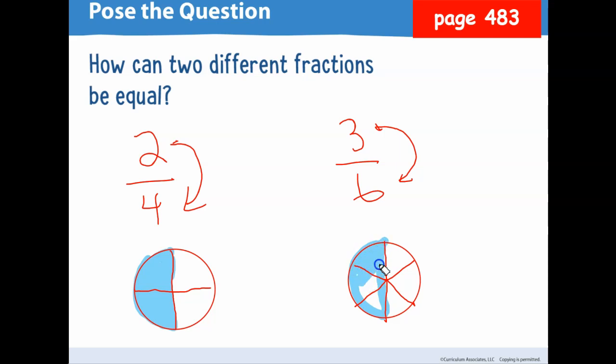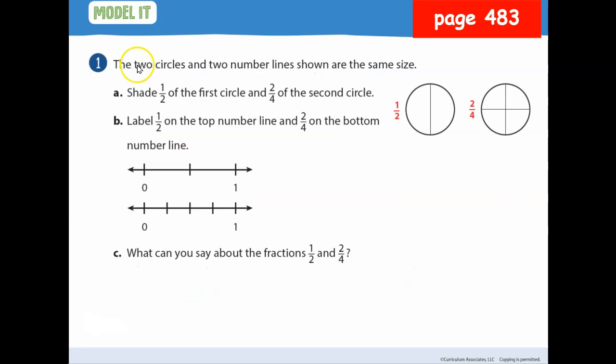Even though they're 2 different fractions, did I shade the same amount on each pie? Yeah. Yes, I shaded half. Okay. It's still half. Okay. So this is how we're going to answer this question right here.